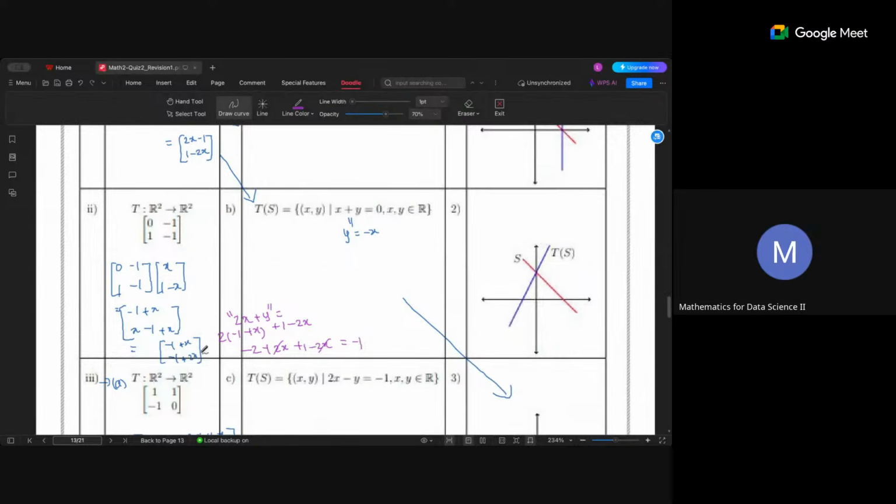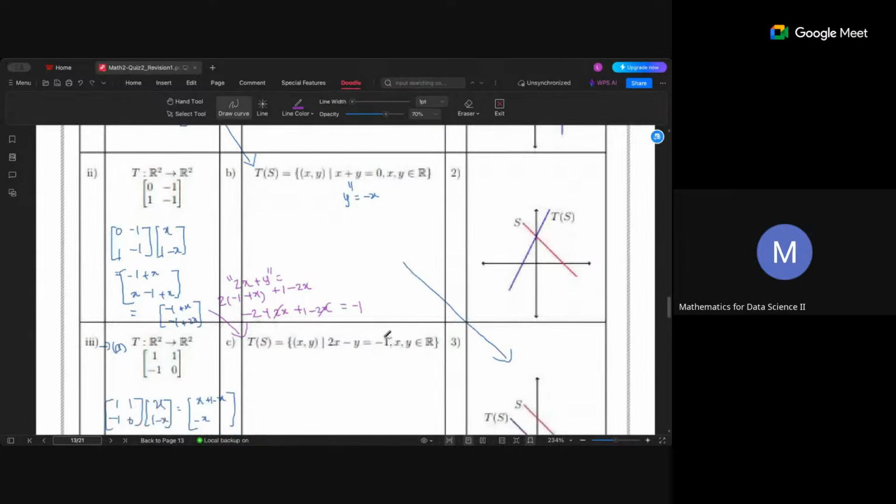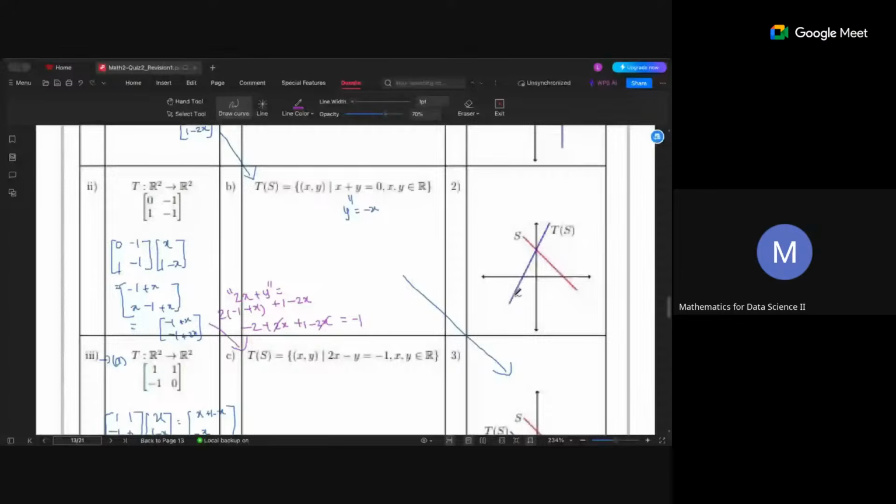Okay, so this is satisfying this, and 2x is equal to minus 1. So yeah, this line you can see. You can plot some points and check that it is going to look like this. And in fact, it also crosses at some point.